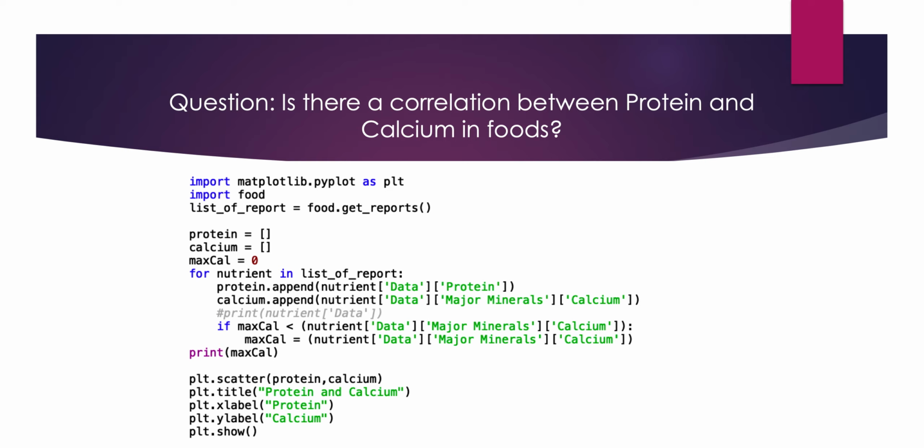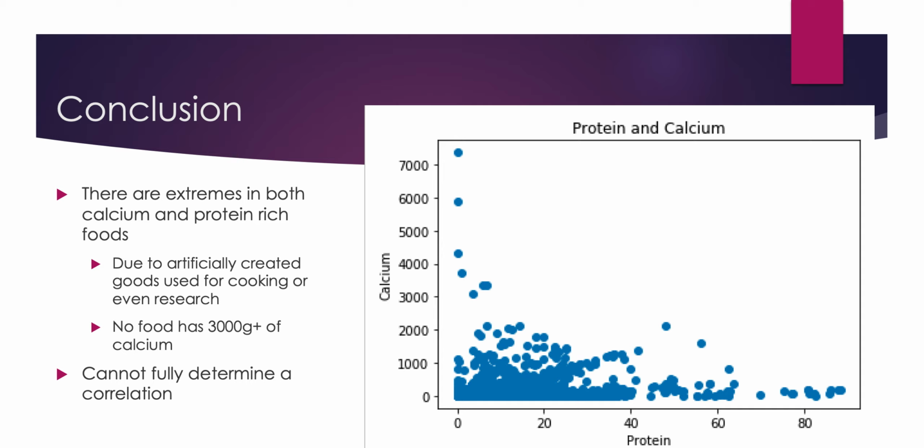We use a scatter plot to determine if there's a correlation between protein and calcium in foods. And one problem that we have within this data set is that there is an extreme located in both of these elements. For example, it is not feasibly possible or logical to assume that there are any foods that you can eat or are feasibly available that have over 3,000 grams of calcium and over 80 grams of protein.